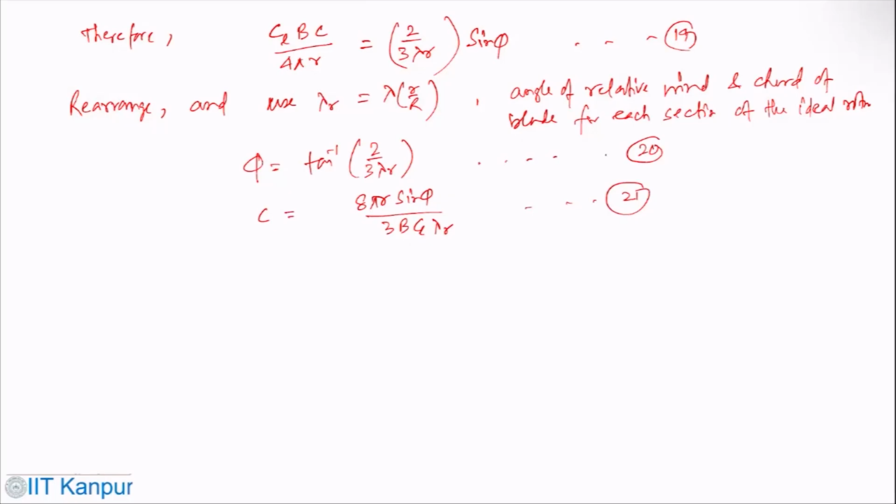These relations can be used to find the chord and twist distribution of the optimized blade.